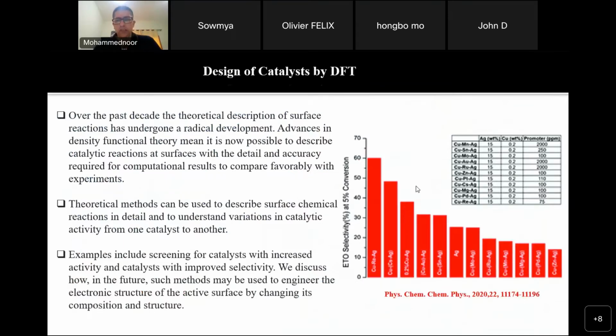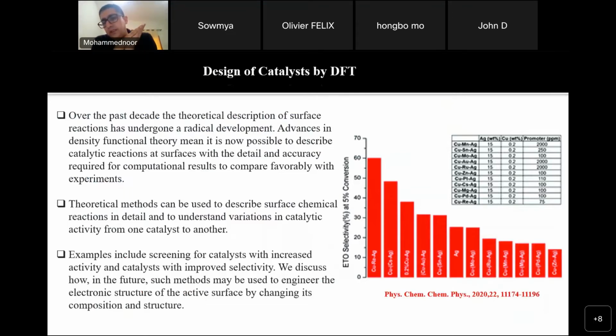Also, a student could be trained to use DFT to design new catalysts. For example, if you'd like to maximize the selectivity, you could start with 100 candidate compounds. But since it's very expensive to test all these experimentally, we can focus on a few of them.